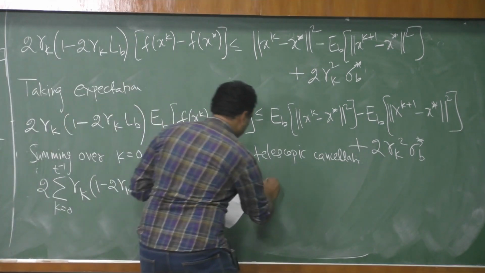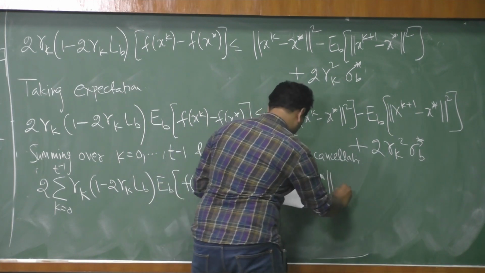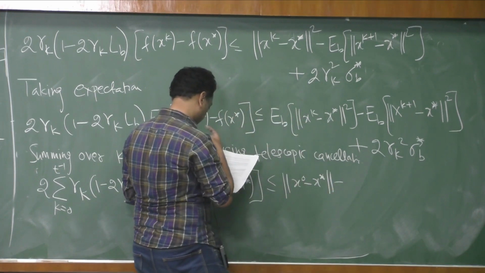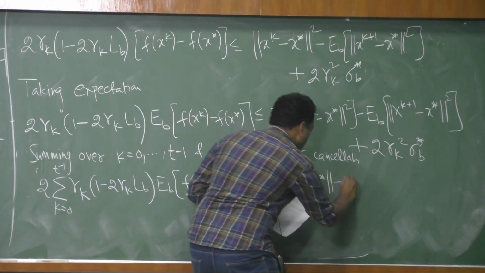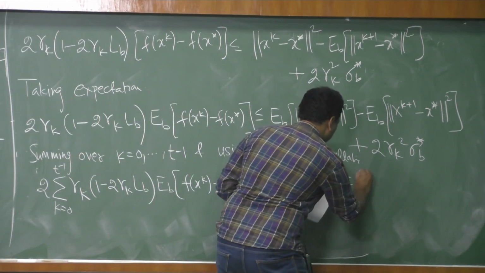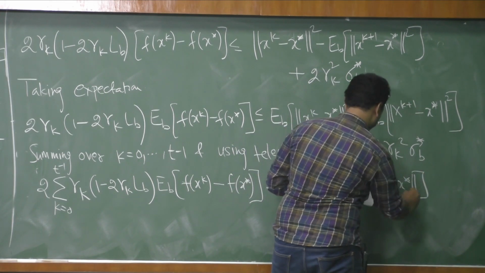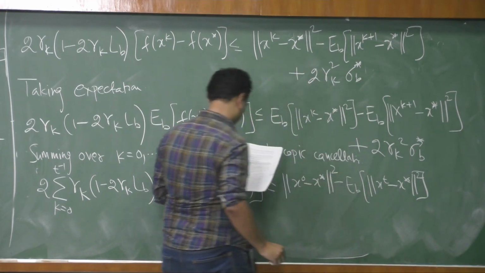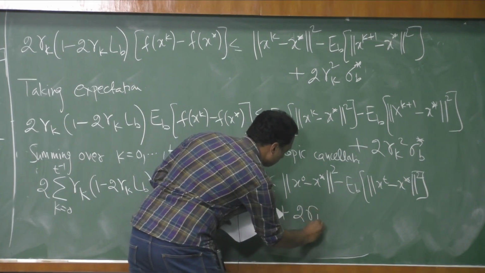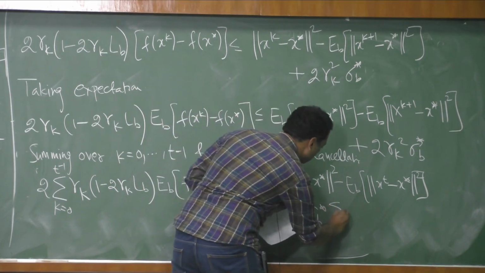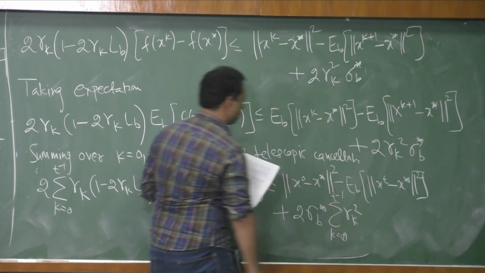So we will be left with norm of x naught minus x star squared, minus EB of norm of xt minus x star squared, plus 2 sigma b star times the sum of gamma k squared, k equals 0 to t minus 1.